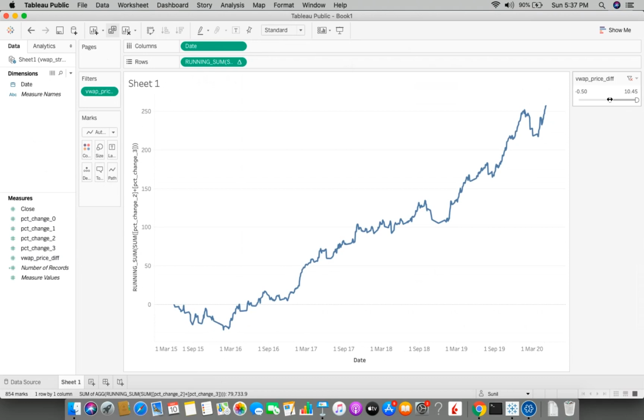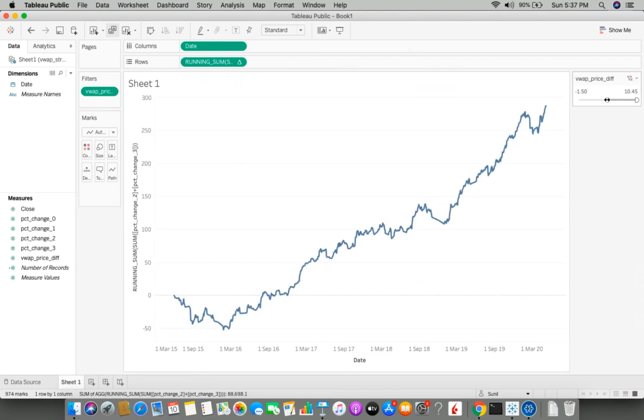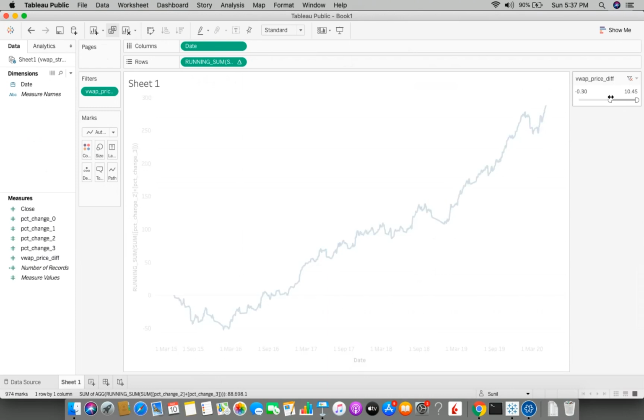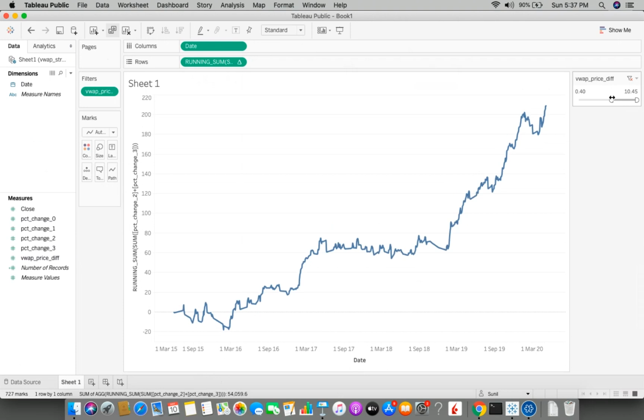Yeah, this looks better. The returns are around 250% and drawdowns are not so much. Drawdown is maximum 29%. Its drawdown is so much. This looks a little better to me.